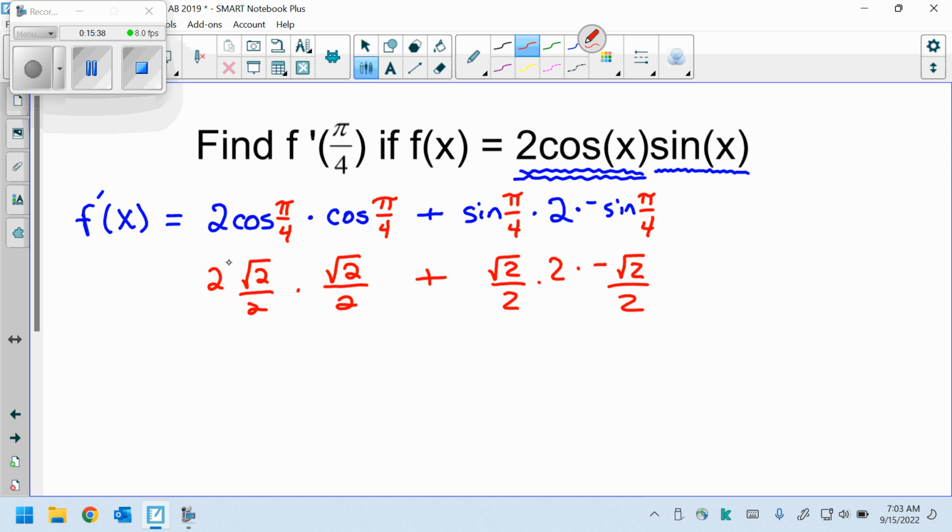And this 2 might cancel with that 2. And so I'd have 2 over 2. This 2 might cancel with that 2. I'm going to have negative 2 over 2.